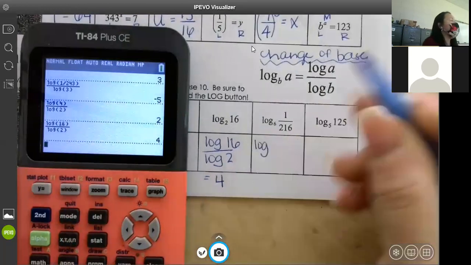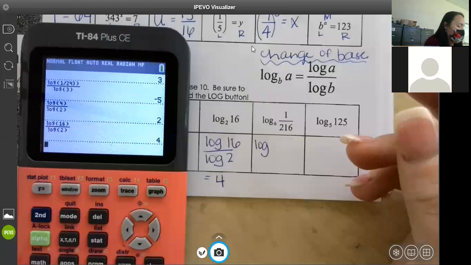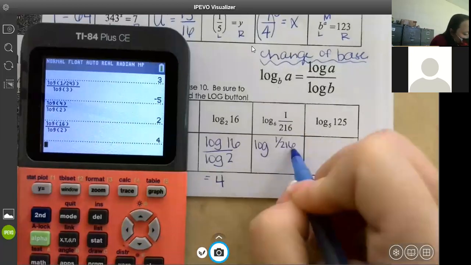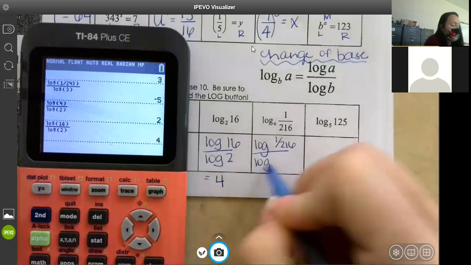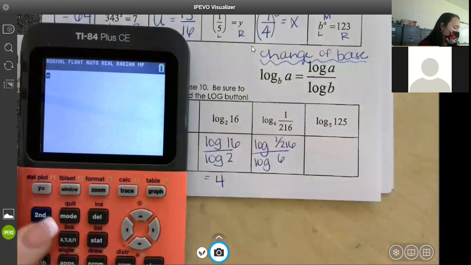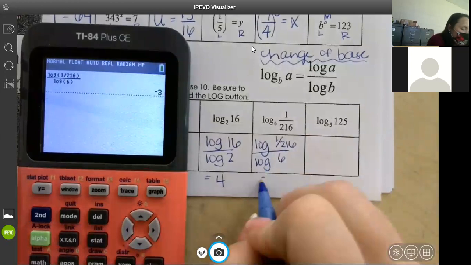The next one, like I tell my regulars, it's usually log of big over the little. The big one is 1 over 216. The little is 6. Again, based on the bottom, it doesn't matter how you remember it. Log 1 over 216, log 6 gives us -3.